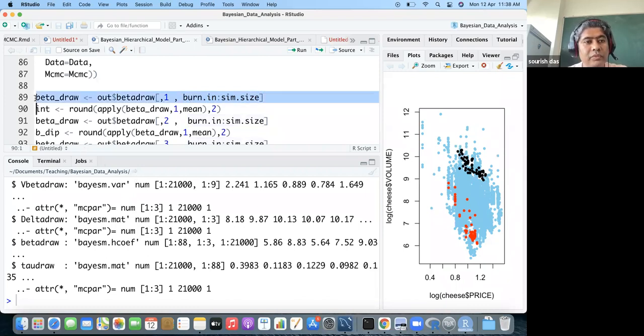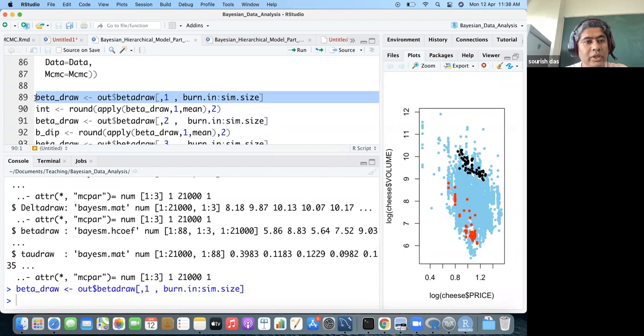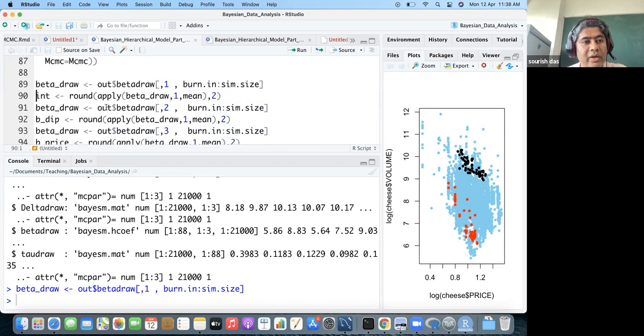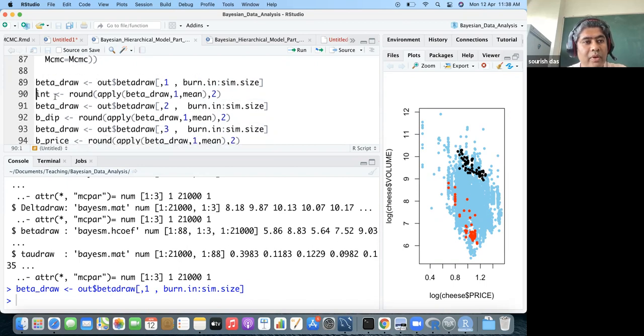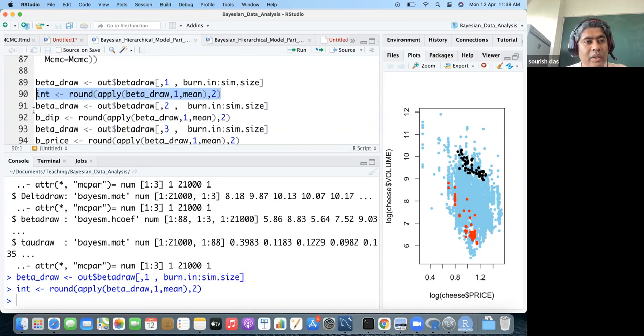Then I apply the mean on the beta draw and round it off to 2 decimal places.